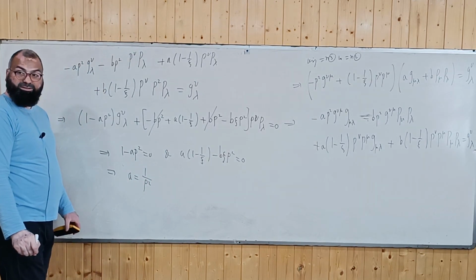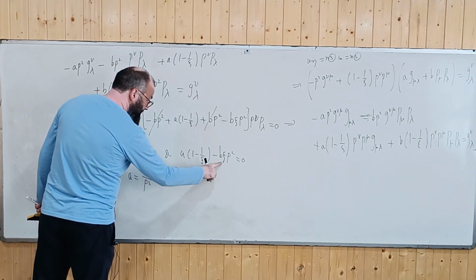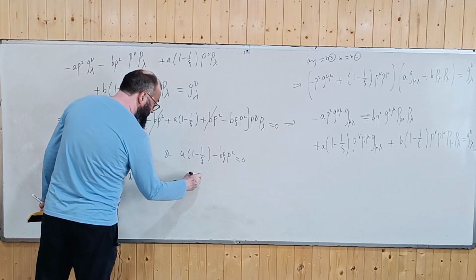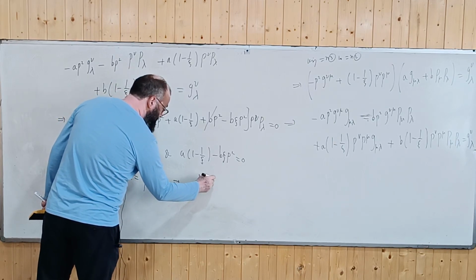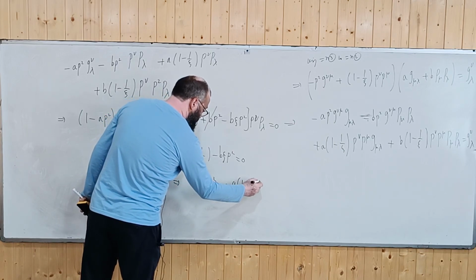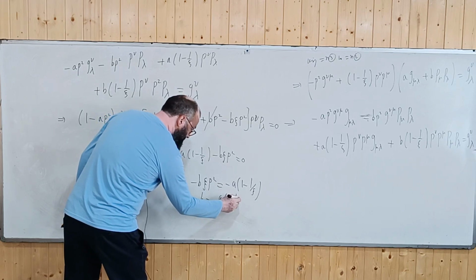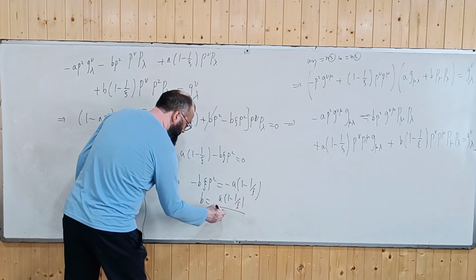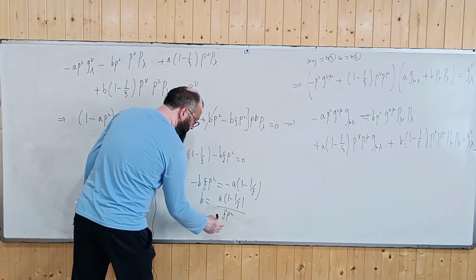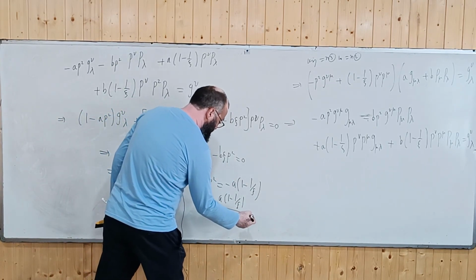So that means I have got a. Now what is b here? You have minus b zeta p squared equal to minus a into (1 minus 1 by zeta). So it means b is equal to a into (1 minus 1 by zeta) divided by zeta p squared. Using a equal to 1 by p squared, it is 1 by p to the power 4.